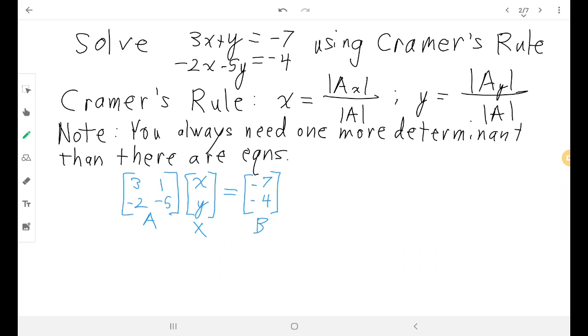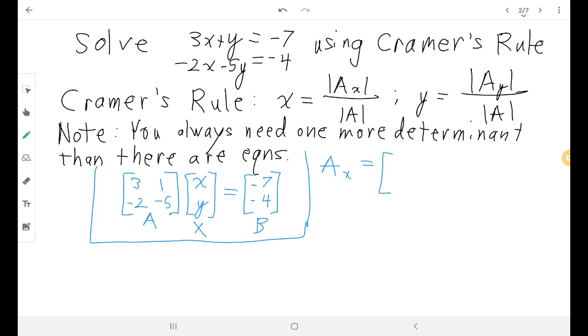Now we have to find these new matrices. So now we'll need a new matrix A sub x. And the way we're going to build A sub x is we're going to take B, these numbers here, and put them in the x column.